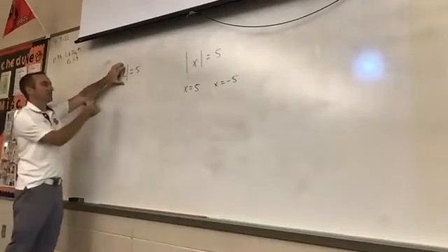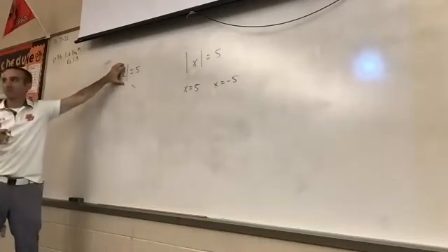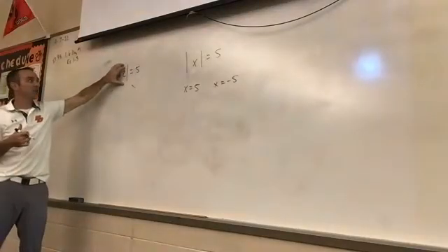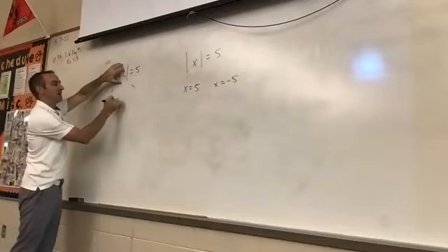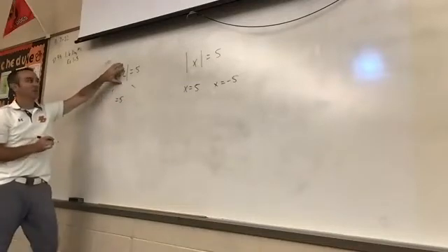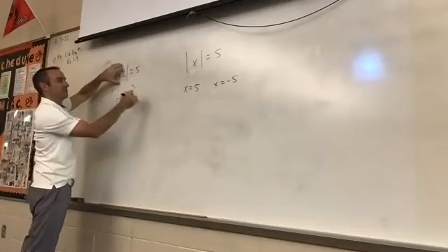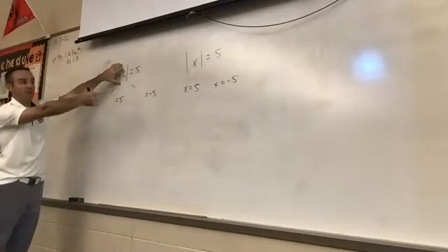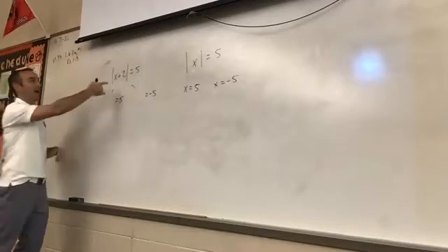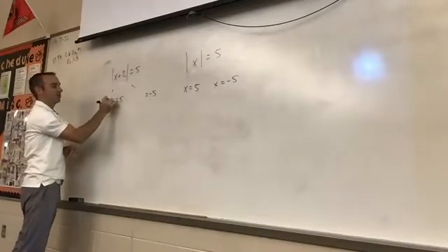So we are going to split this up into two different equations. One time I'm going to take whatever's inside the absolute value and make it equal 5. The other time I'm going to take what's inside the absolute value and make it equal negative 5. Just like we did over there. Right? But now instead of just an x, I've got x plus 2.